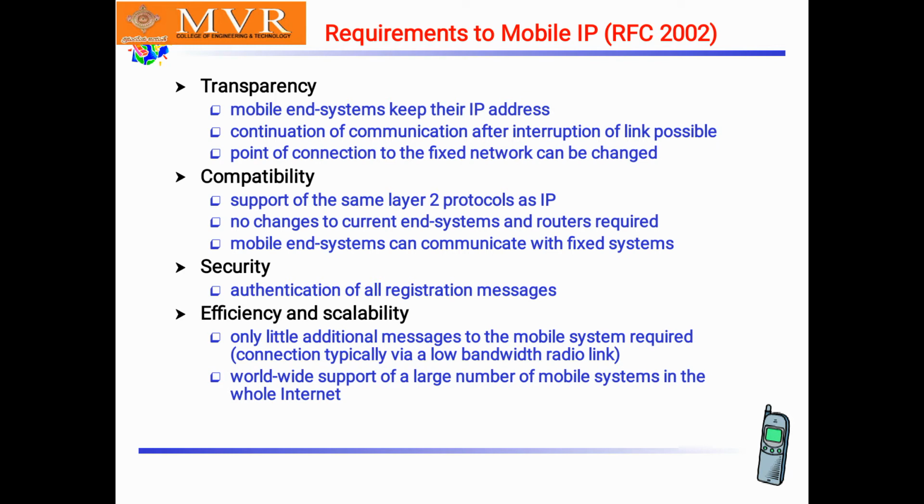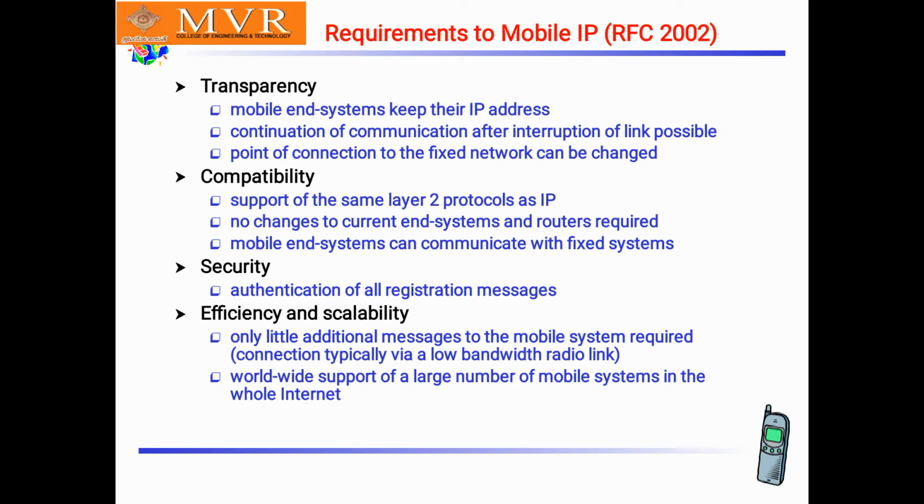Compatibility means here support of the same layer 2 protocol as the internet protocol, with no changes to current end systems and routers required. Mobile end systems can communicate with fixed systems. Security means authentication of all registration messages.